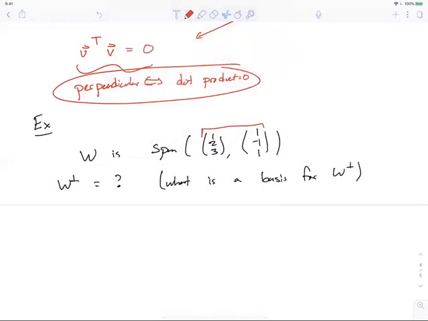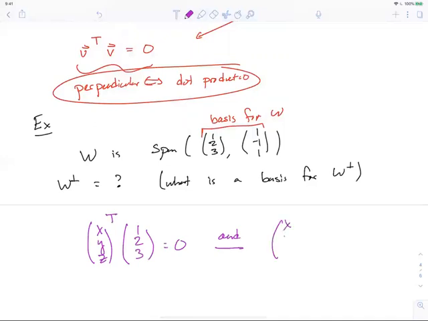This is a basis for W. That's what span means, provided they're independent. So those two vectors are independent, so we know they're a basis for W. And so what we want to do is find the set of vectors in 3 space such that when you take the dot product with 2, 1, 3, you get 0. And when you take that product with 1, minus 1, 1, you get 0.